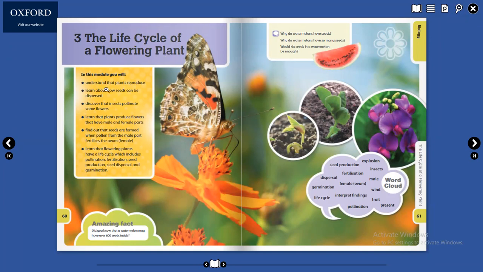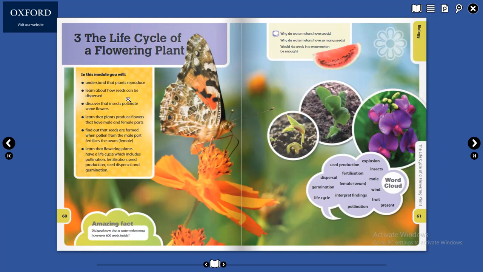In this module, understand that plants reproduce. Reproduce means they grow and they reproduce their young. Young means the same like them, okay. If you take this seed and put it in this mud, they will grow up and give you again the same. So this is called reproduction.